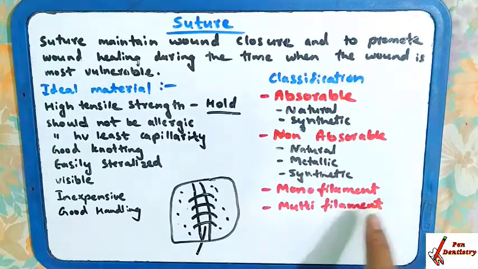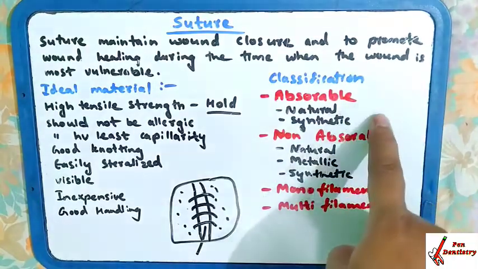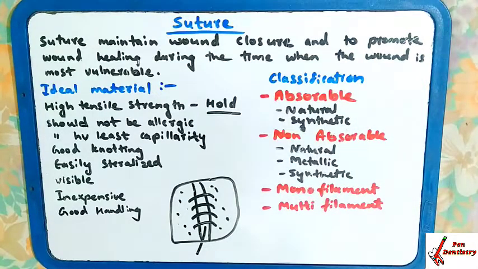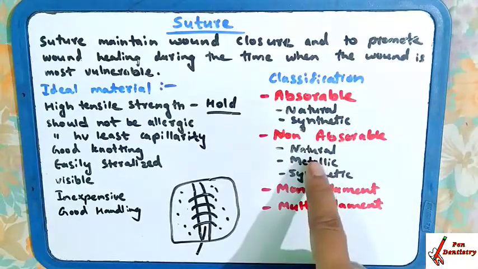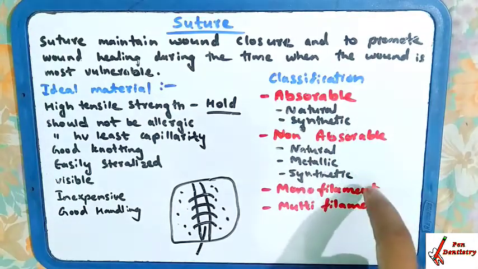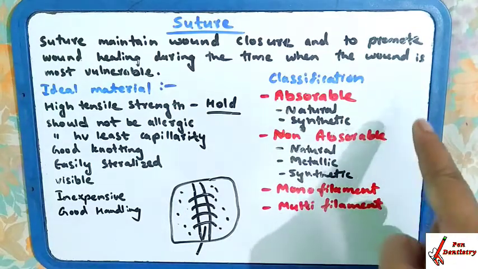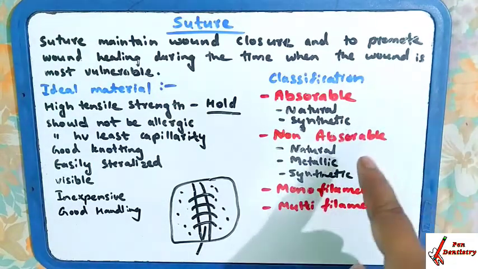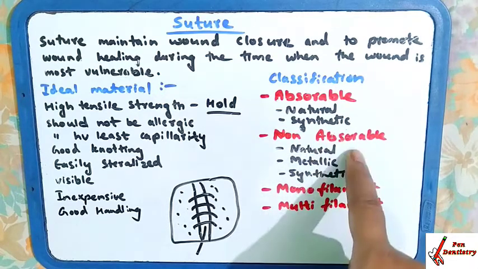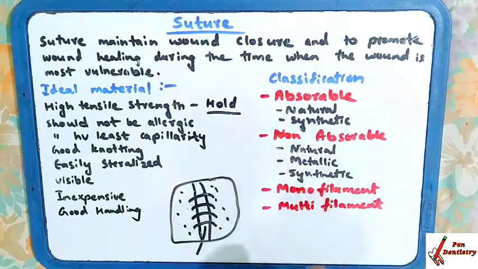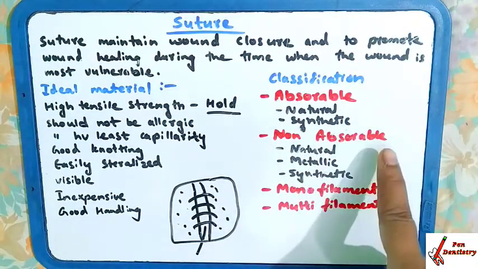In absorbable, there are natural and synthetic types of suture, and in non-absorbable there are natural and synthetic, the same as in absorbable. Plus, the metallic type also comes in non-absorbable. So in non-absorbable there are natural, metallic and synthetic.